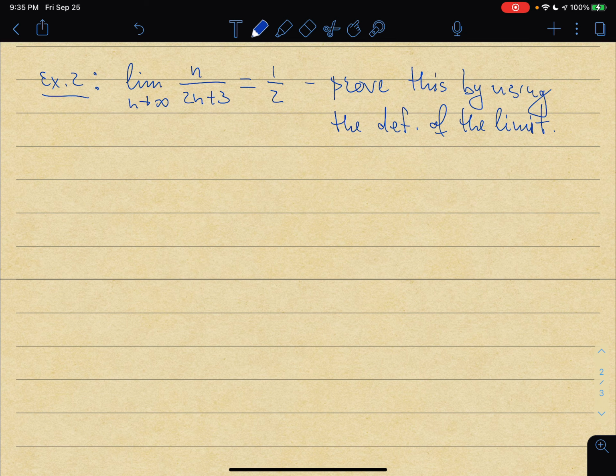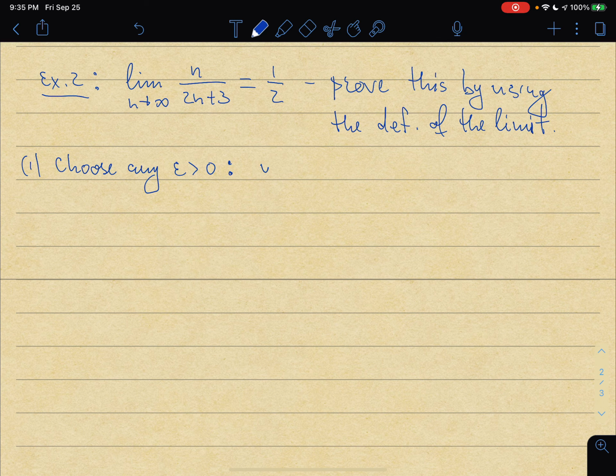Okay, let's see how we can do it. Follow the same strategy as in the previous example. So first, I'm going to choose any epsilon greater than 0.